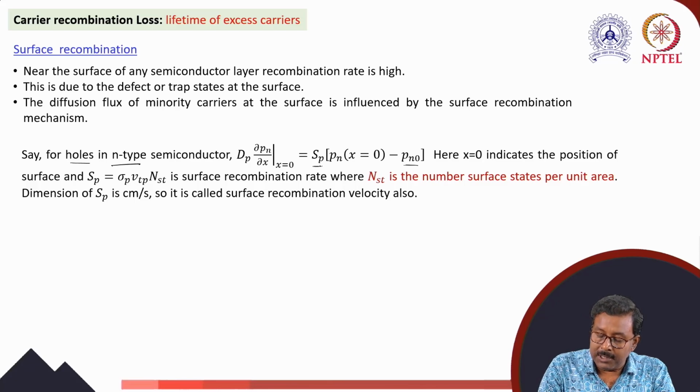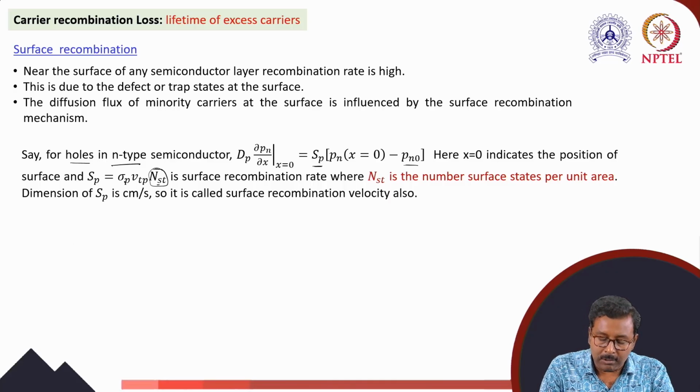Now Sp, the surface recombination velocity, is sigma p vtp Nst, just like earlier, but the only difference is that Nst is the surface density of defect states. That means the number of defect states per area, not per volume like Nt. That's why Nst is mentioned here.